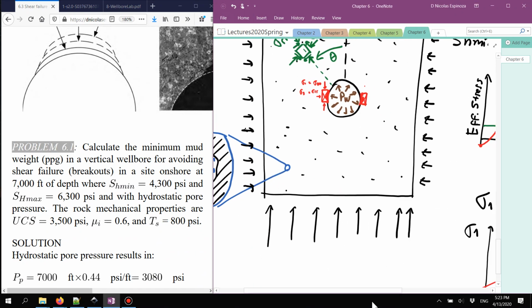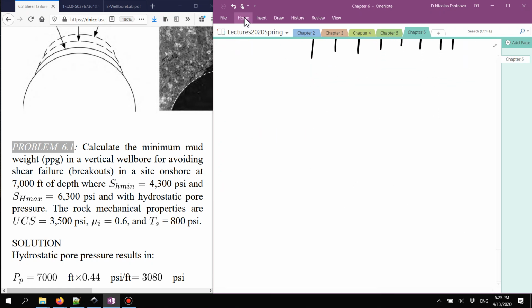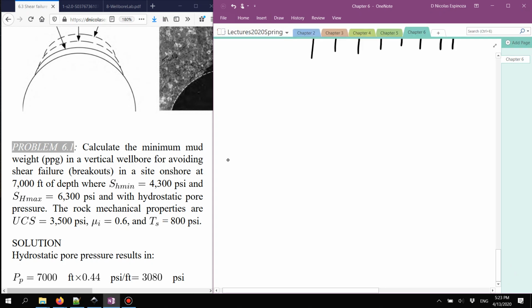In this problem, you calculate the value of PW shear from the equations that you have above, in which we have a vertical wellbore.